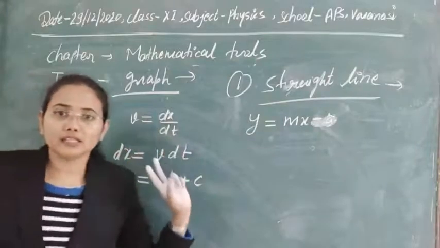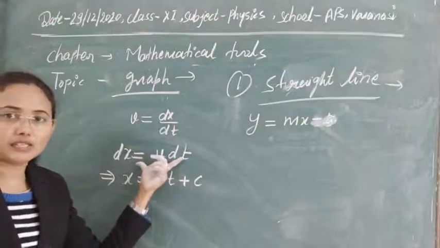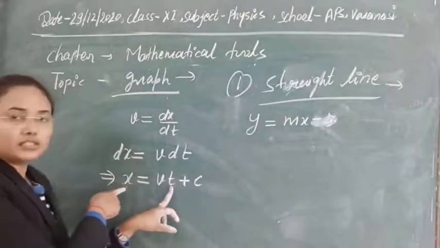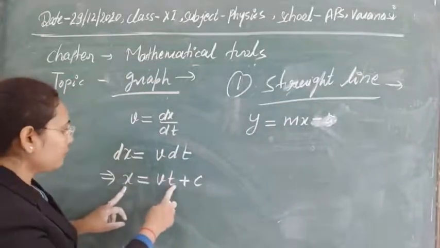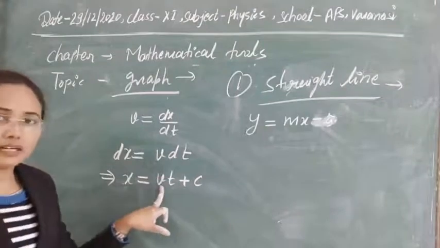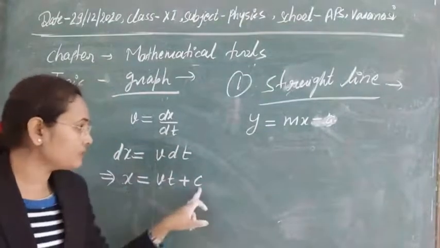If there is any change in t, there will be a change in x. And if we have two variables just like y and x, then v is the slope and c is the intercept.